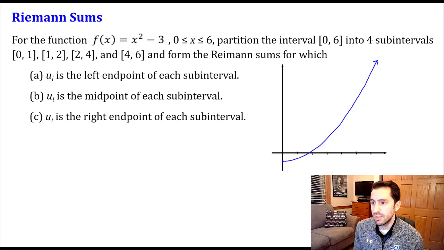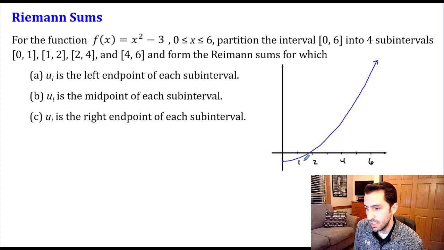So I already have this function graphed as well. Let's take a look at this. Our intervals are from 0 to 1, from 1 to 2, from 2 to 4, and from 4 to 6. In each case, we're going to be looking at the area of a rectangle within that interval, and then we're going to add those areas together.